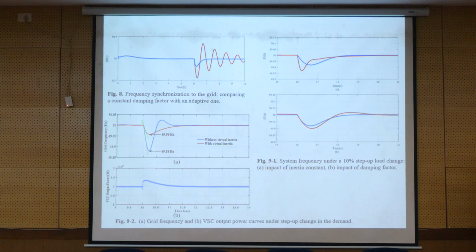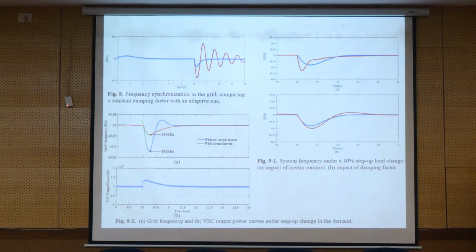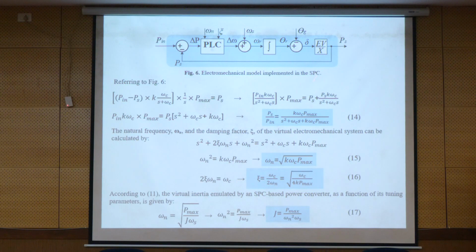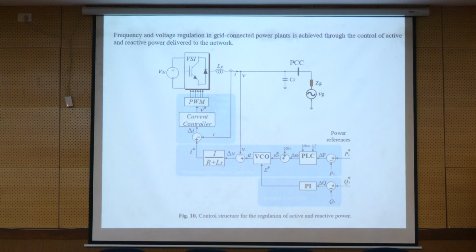So now if we get back to this, we have the model for the active power. For the reactive power, you know that the inertia comes from the regulation of the frequency, and the frequency is related to active power. So by this assumption, we can model this electromechanical part for the emulation of inertia in the power grid.